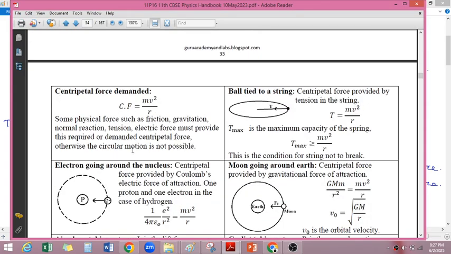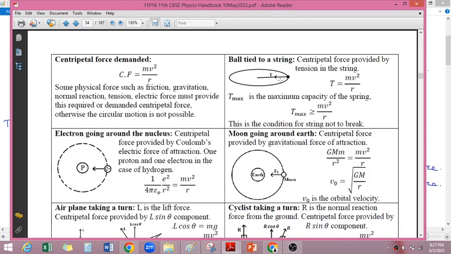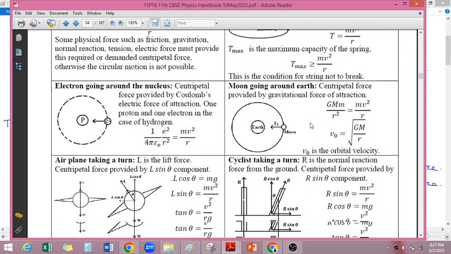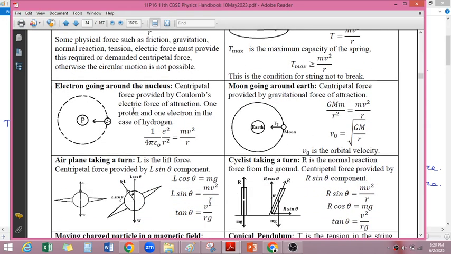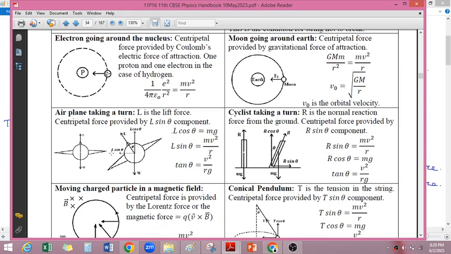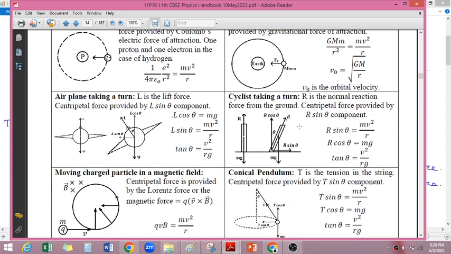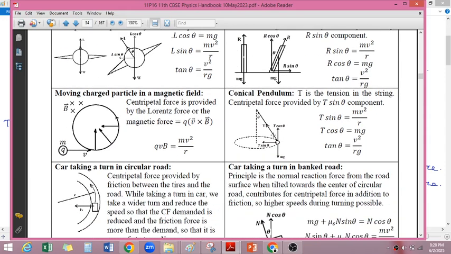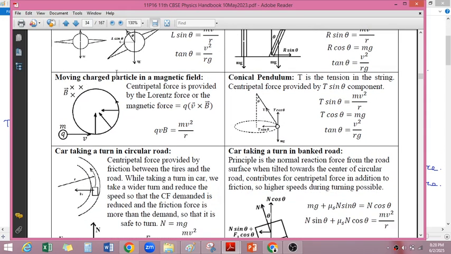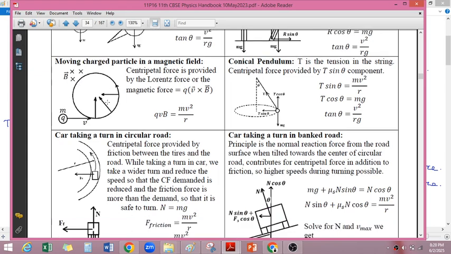Centripetal force demanded or required, right? Ball tied to a string, electron going around the nucleus, moon going around the earth, airplane taking a turn, cyclist taking a turn. These things are coming in your 12th standard, so don't worry about it. Okay, this is coming in magnetism chapter.